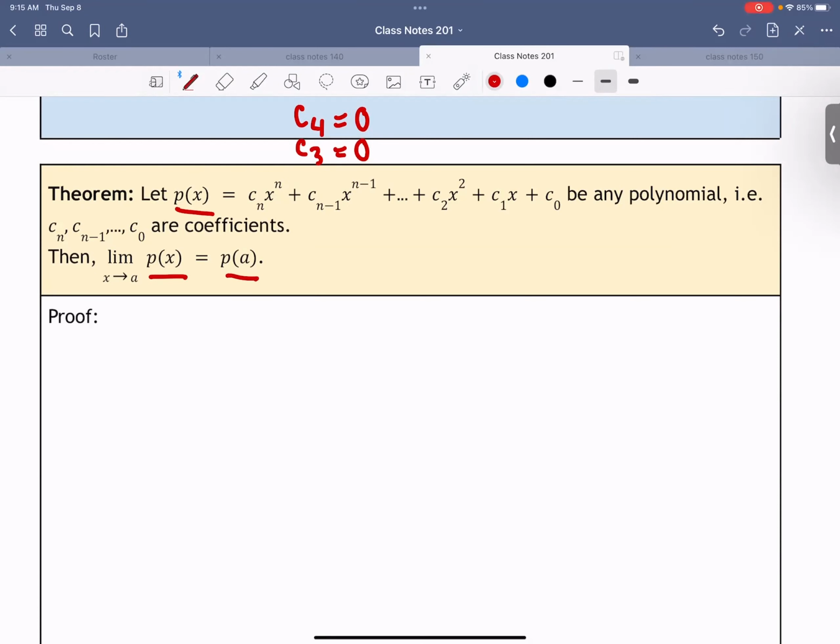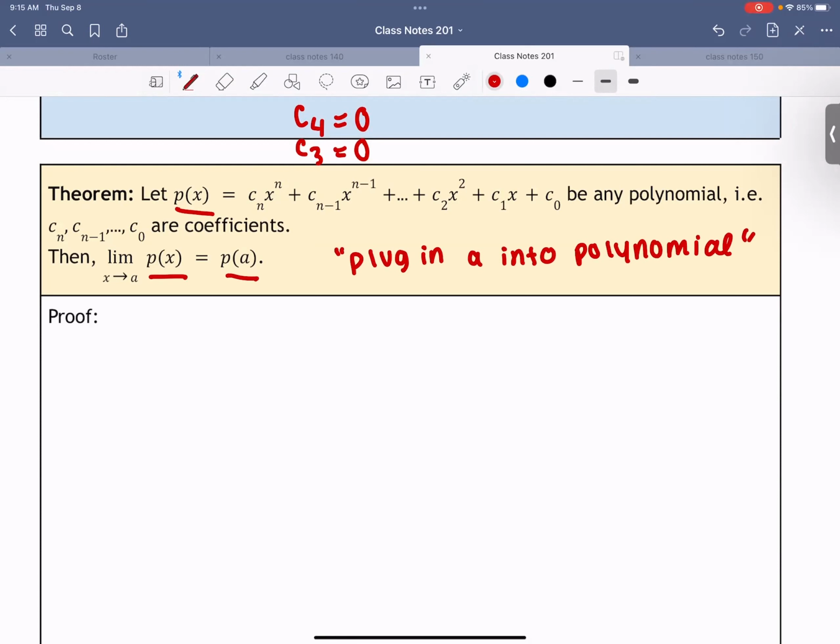Plug in, right? Plug in A into the polynomial. That's all this theorem is telling us to do. If we see a polynomial, we're taking the limit, plug in A.